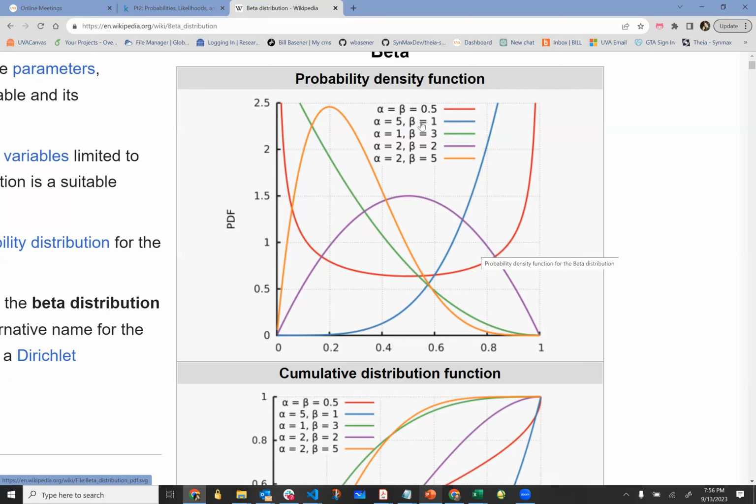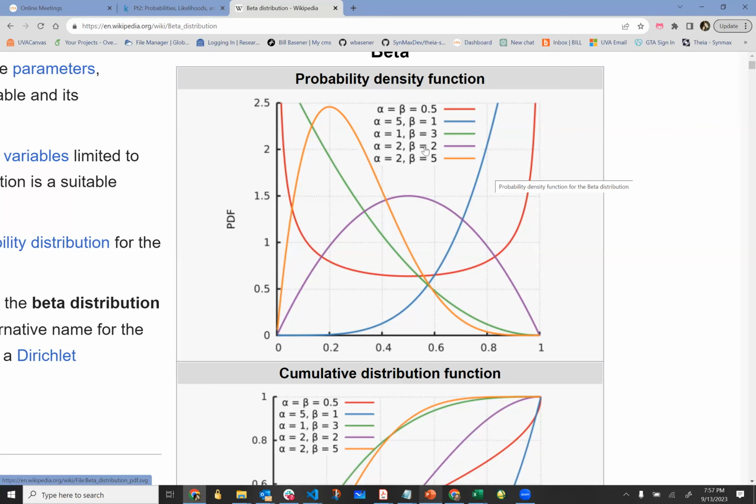If I pick alpha is 5, beta equals 1, that's the blue, that's saying I'm pretty sure my probability of heads or probability of success is not a low number like 0.2. I think it's probably out near 0.8 or so. When alpha is higher than beta, that pushes your numbers to the right-hand side. When alpha is less than beta, like the green, there's higher probability on the left-hand side, the low values.